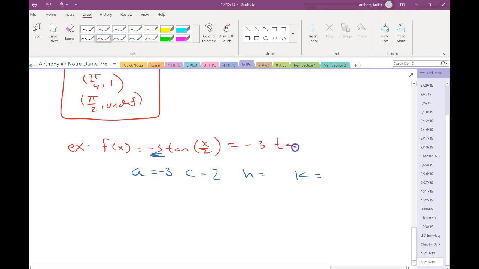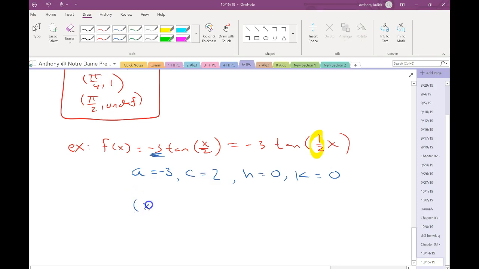I can think about this as tan of 1/2 times x, and my c is always the reciprocal of that coefficient, right? Good. What's my value for h? 0. And my value for k? Also 0. Everybody happy with that?